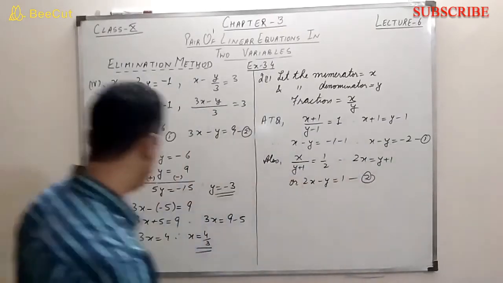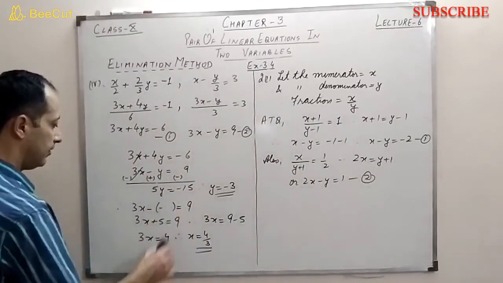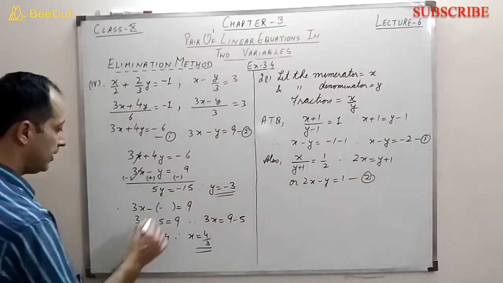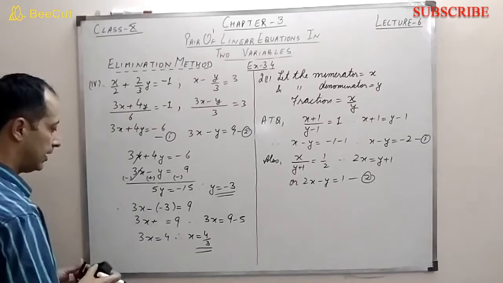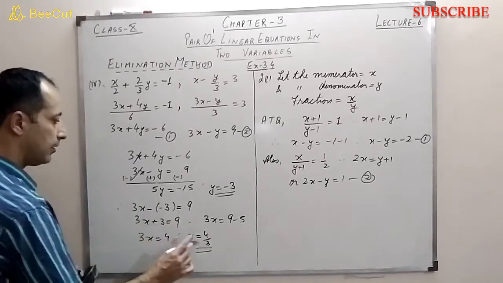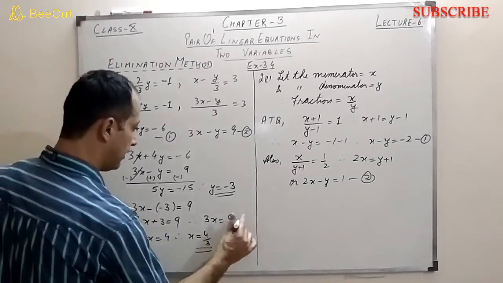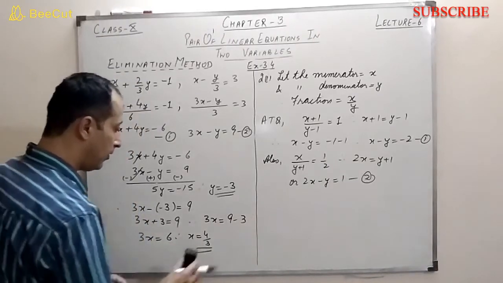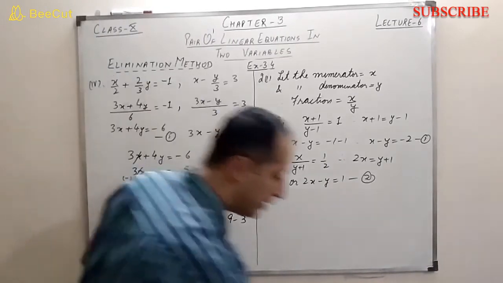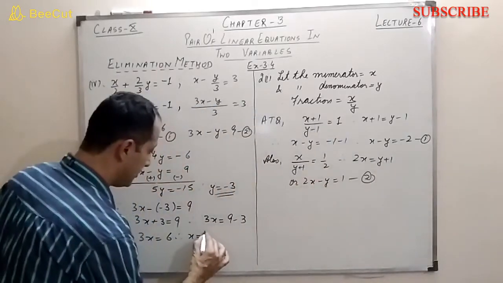And then we put the value of y as minus 3 here. This is minus 3. This is 3. This becomes 9 minus 3. This is 6. And the value of x comes out to be 2.